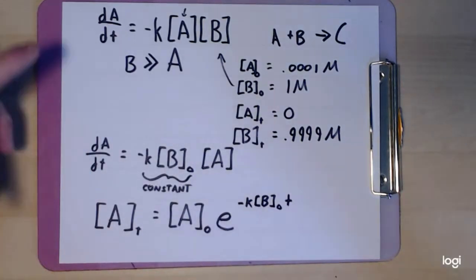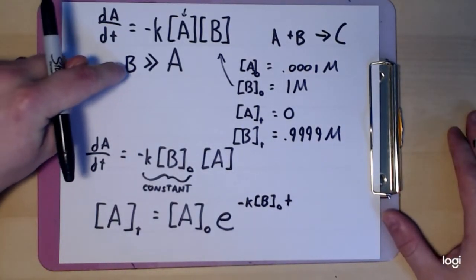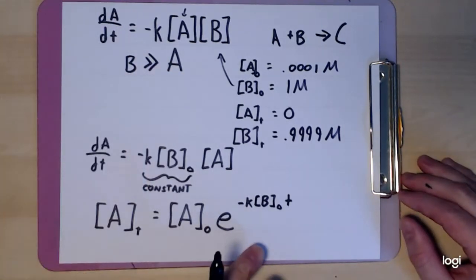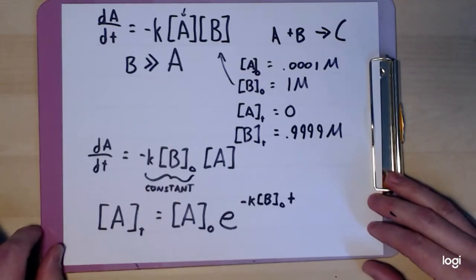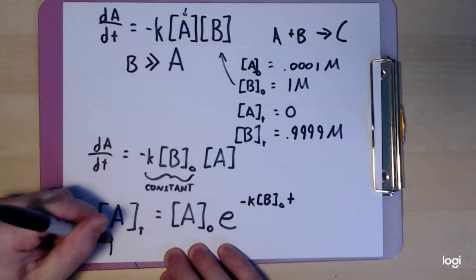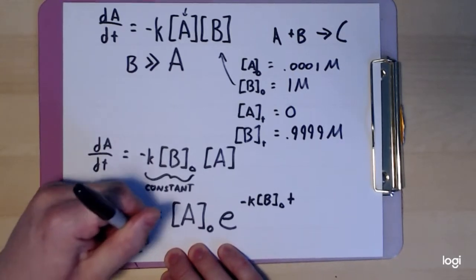And so this is a nice way to simplify problems when you have one reagent that's far in excess of the other reagent. You can just restate this as a first-order reaction. And this is an approximation, but it's a pretty darn good approximation. And what we call this is the pseudo first order rate law.